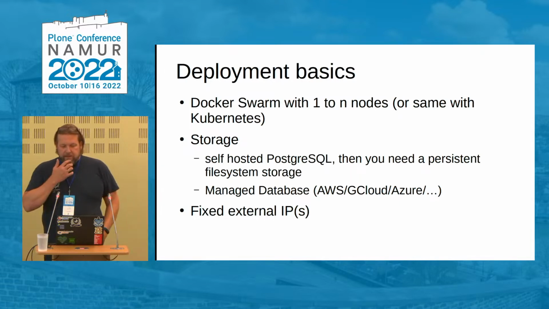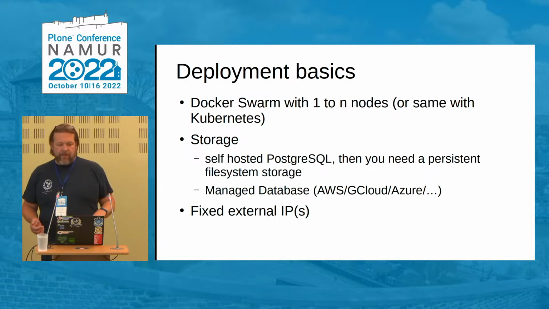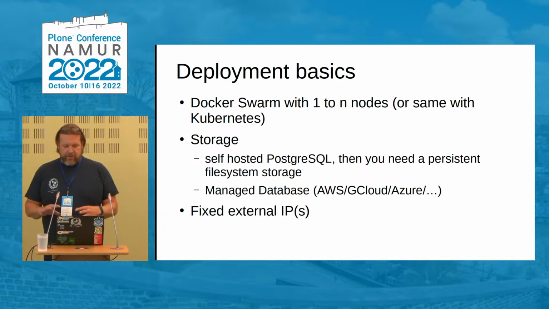Then you need to worry about storage, because you want to store data, so the container that spins up the PostgreSQL needs a persistent volume claim, which is just persistent storage, and there are different ways to get storage into it. The simplest is just to mount something from the file system into there. I don't talk here about backup and all the stuff that is out of scope.